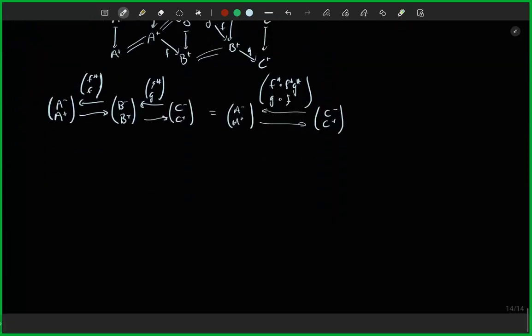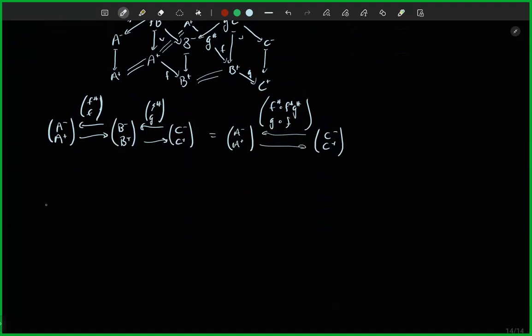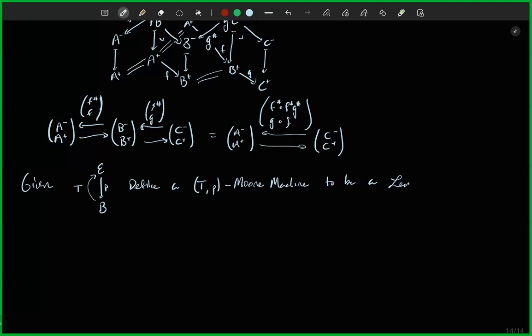The one thing I wanted to go back to is that in general we can now describe, given a map E to B called P and a section of it like this, a TP Moore machine to be a lens of the form TS, S, and then we have here E to O to I, E star I, U, like this.